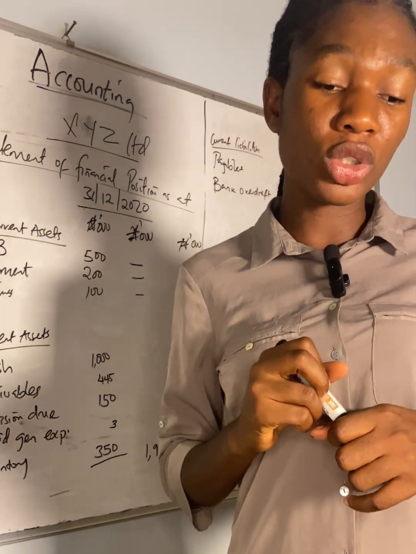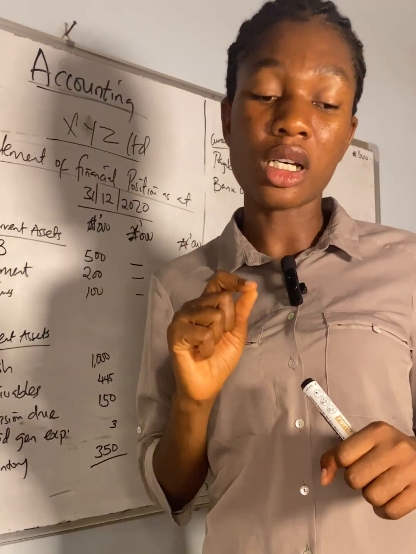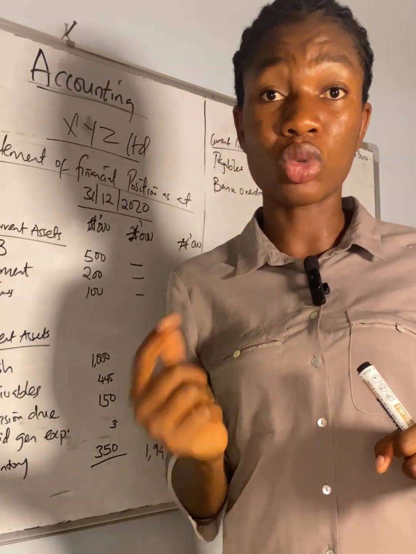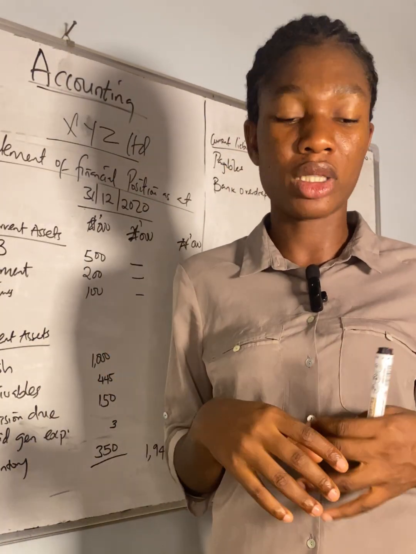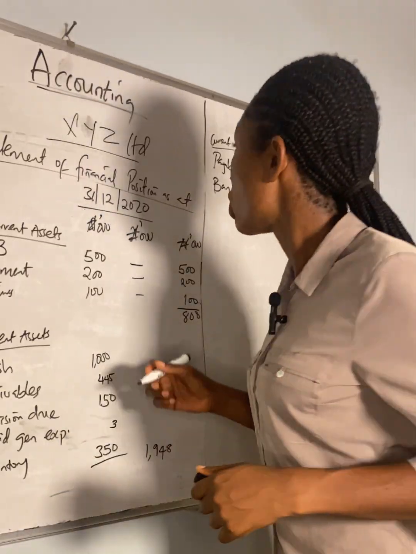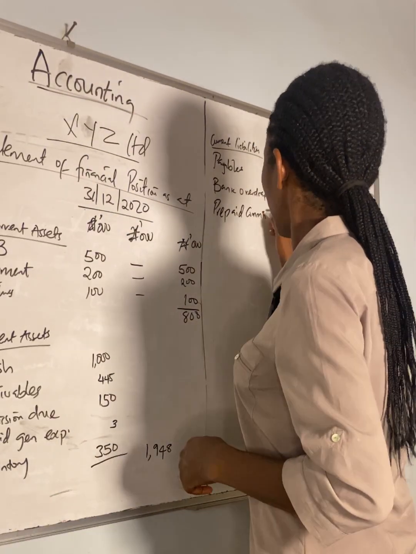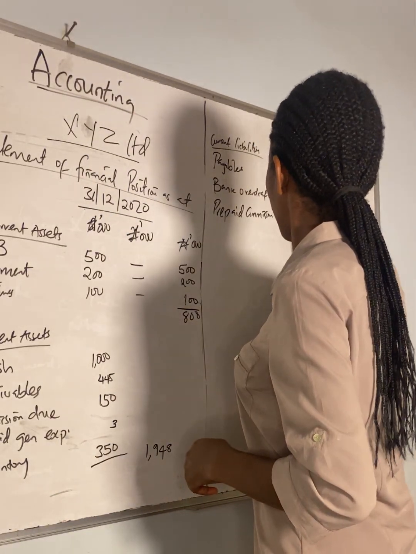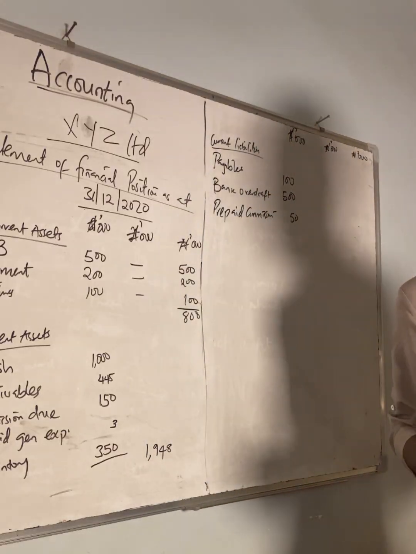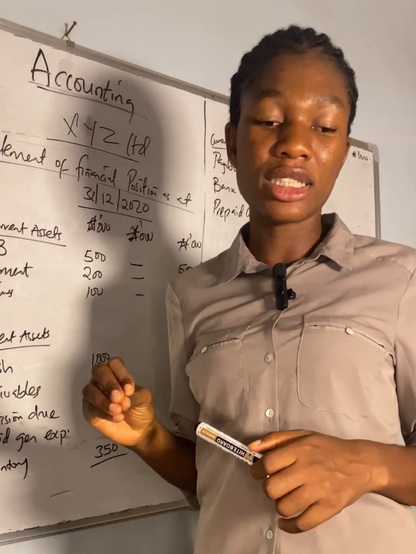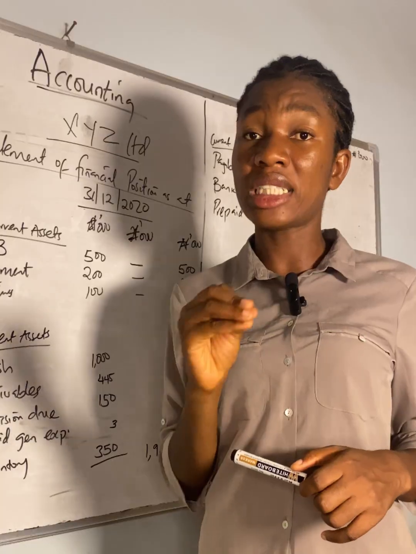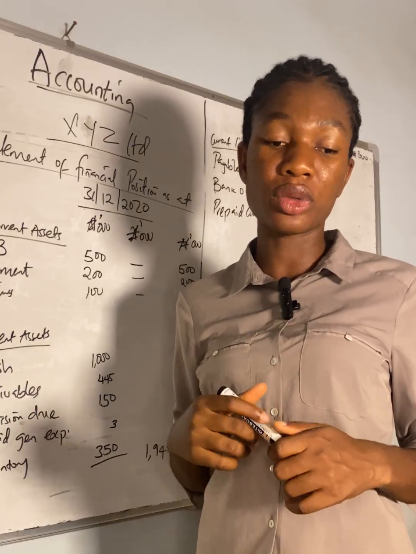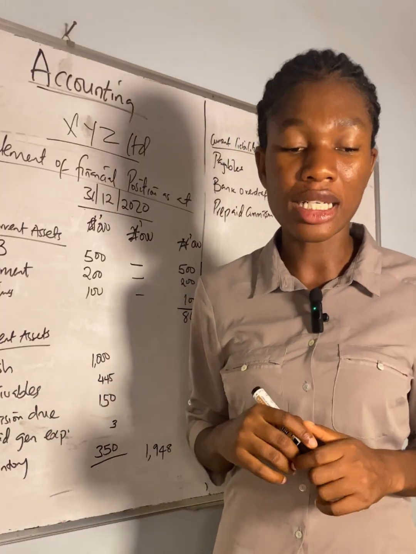Commission of 50,000 naira was received in advance, so that's a liability for us. So we have prepaid commission of 50,000, suspending three zeros, we are left with 50. And then we have accrued expenses, salaries we are owing, accrued salaries of 80,000 naira.